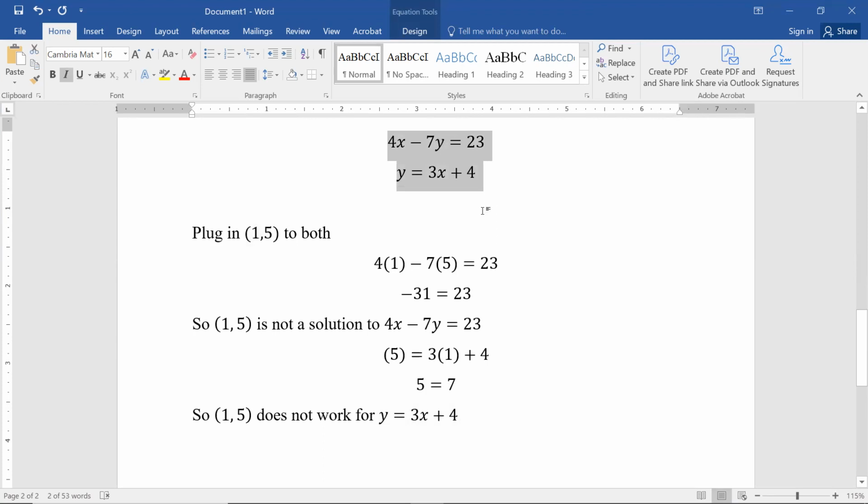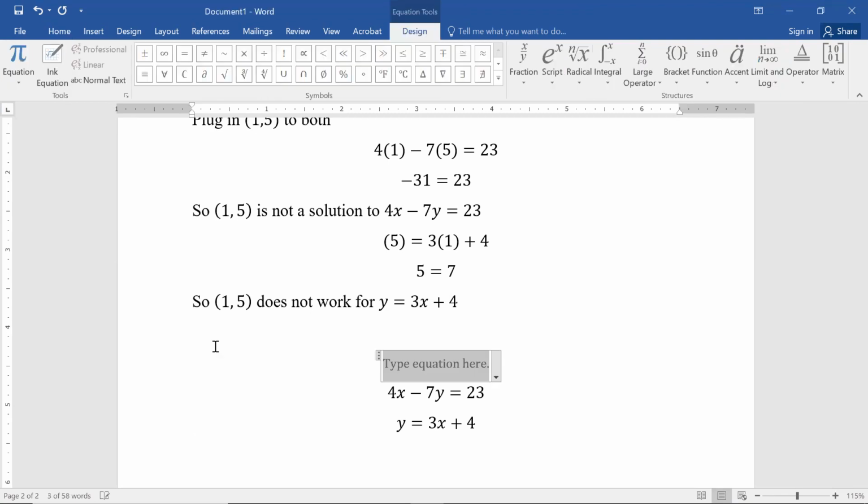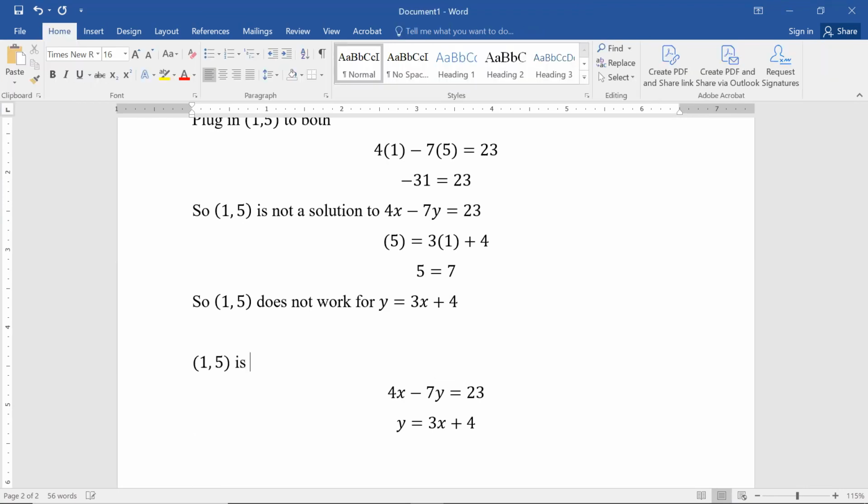Okay, now like I said, we actually only need it to fail in one of these two. So let me just write that down, what I just said. 1, 5 is not a solution to the system.